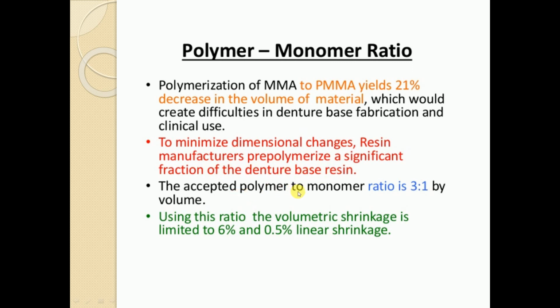The accepted polymer to monomer ratio, it was an MCQ which was asked in your AIIMS exam, is 3:1 by volume. Using this ratio, the volumetric shrinkage is limited to 6% and 0.5% of linear shrinkage.